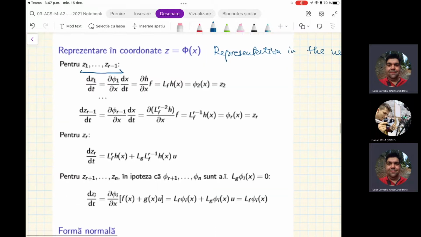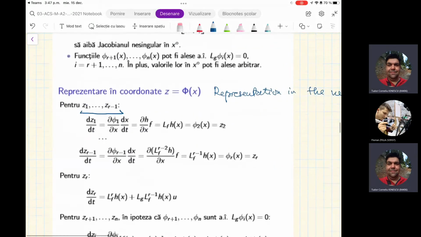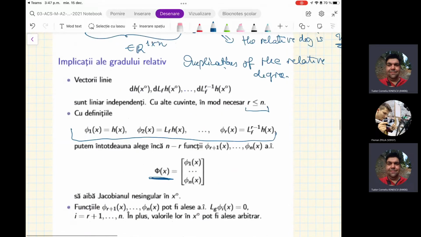Once we do this, we show what happens for each coordinate. So you pick the coordinate transformation z equals φ(x), where φ(x) is given by this guy with these functions.